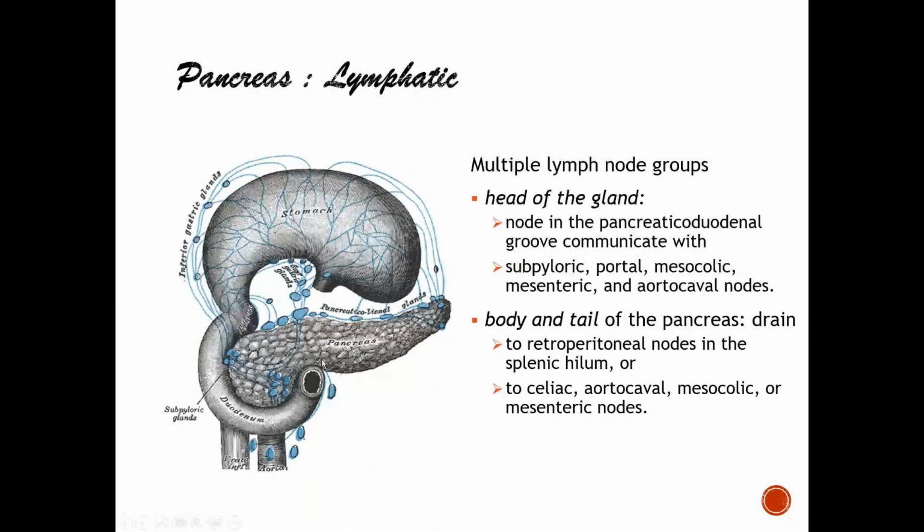The body and tail, on the other hand, would drain to the pancreatico-splenic glands, the splenic group of lymph nodes, the celiac group of lymph nodes, and the aortocaval or the mesenteric lymph nodes. So what I'm trying to put across is that the lymphatic drainage is so wide that you cannot identify one group where the lymphatic metastasis is going to occur first and then go to the second. So it is a wide dissemination, a wide lymphatic spread of a malignancy.